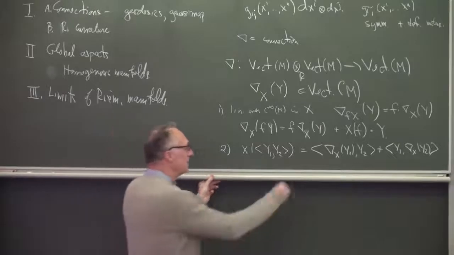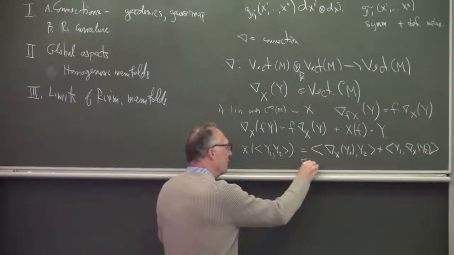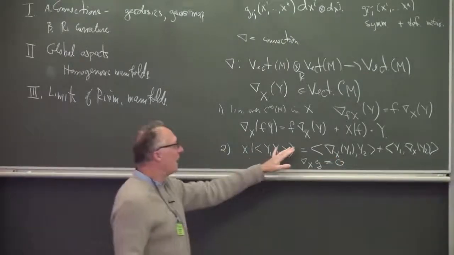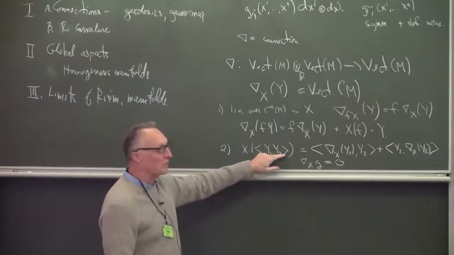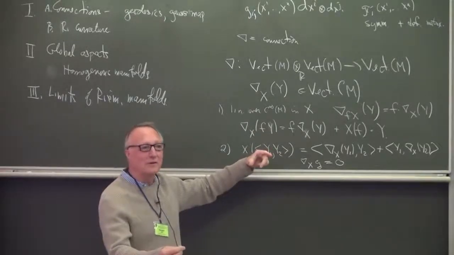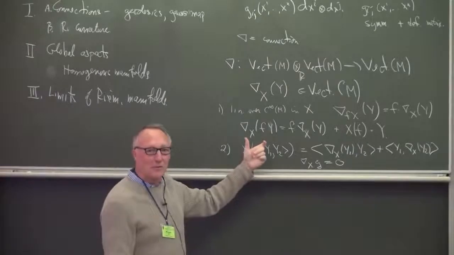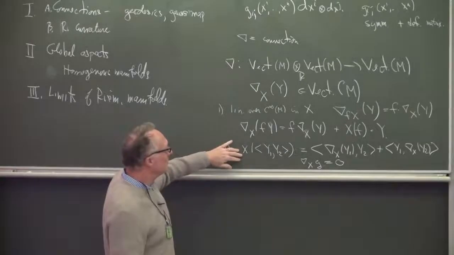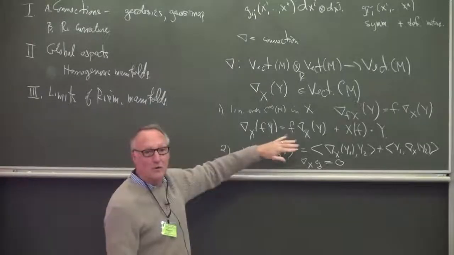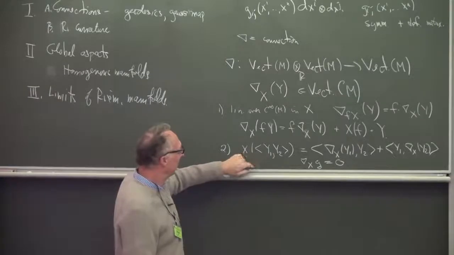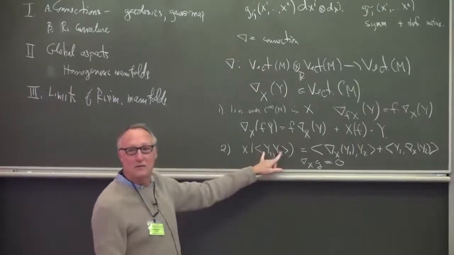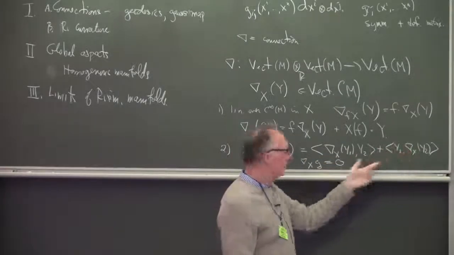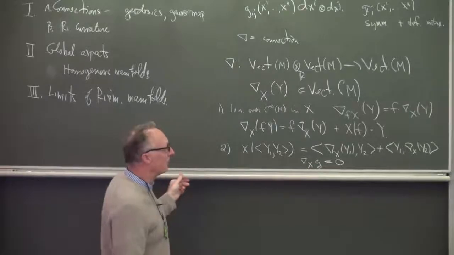The way to think about this is really that the covariant derivative of the metric is 0. Think of this as a cubic operation. The bracket is really secretly multiplying by the metric g_ij. So you have three variables, y1, y2, and the metric, and you would expect when you differentiate, you'd get three terms. You differentiate the first vector field, the second vector field, and the metric. And this is saying that third term doesn't appear, which is the equation that the covariant derivative of the metric is 0.